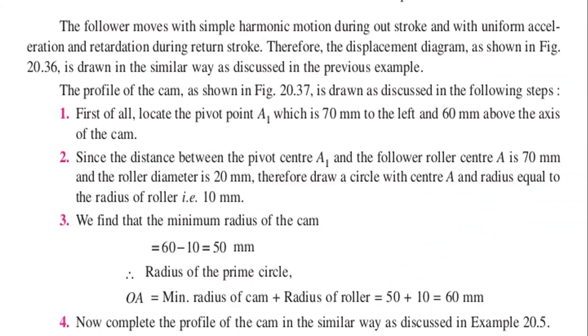Then we find that the minimum radius of the cam is 50 mm by taking off the 10 mm radius. Next, we take OA as the minimum radius of the cam plus the radius of the roller, that is 50 plus 10, which is 60 mm.